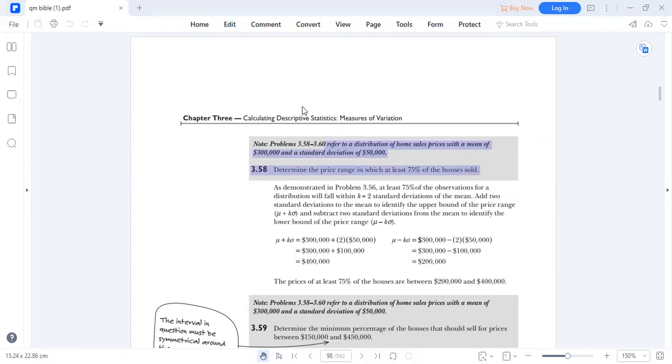To start with, I need to take you through brief concepts in estimation. A range is simply given by the mean plus or minus k times the standard deviation in this case.